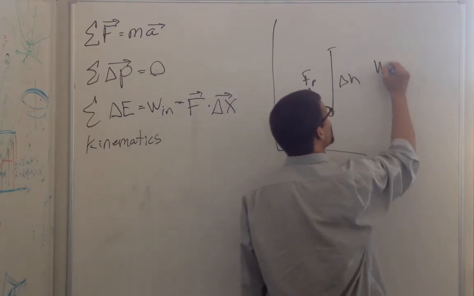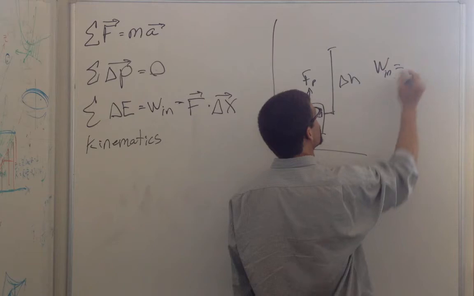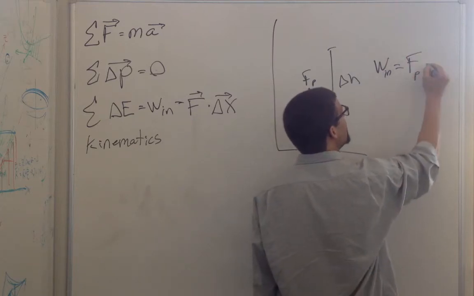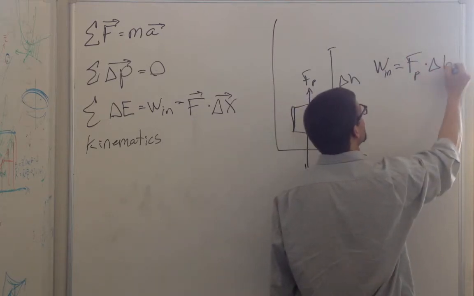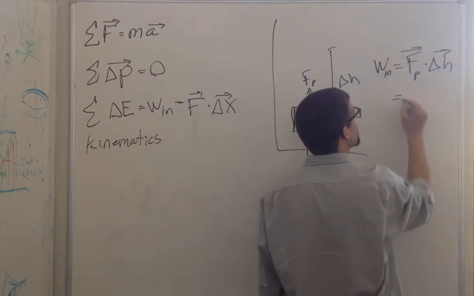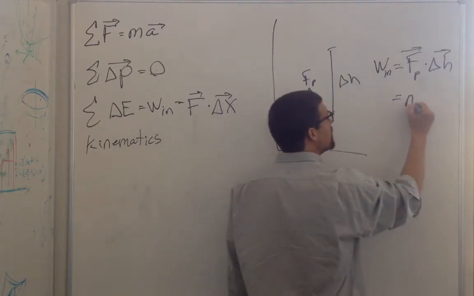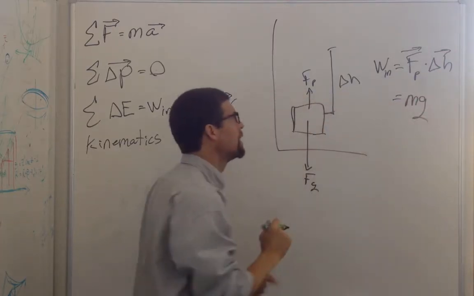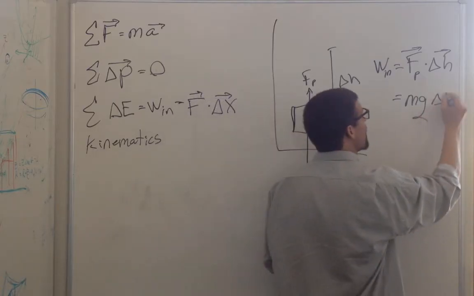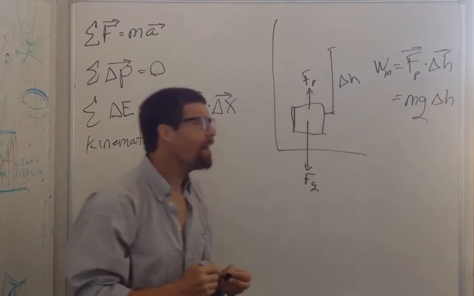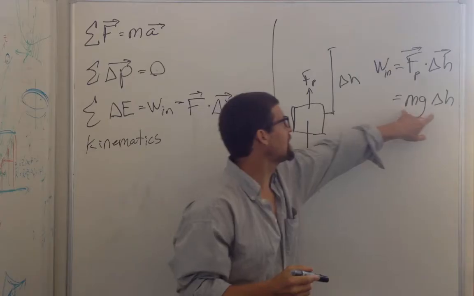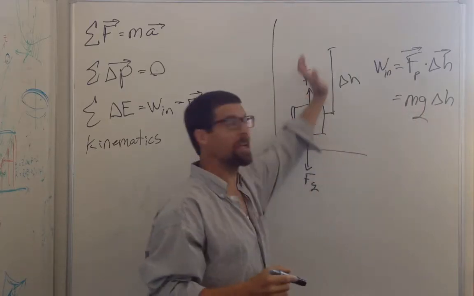And so I can say then work in is equal to force of P times delta h in the same direction. And the force of P is the same as gravity. And then I have delta h. And what do I have there? That's just the potential energy that I'm giving it.